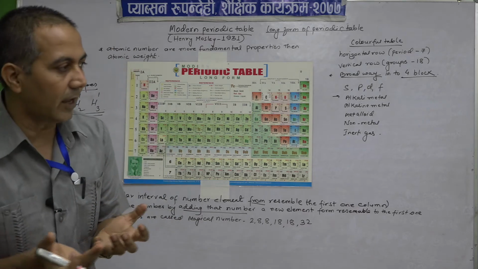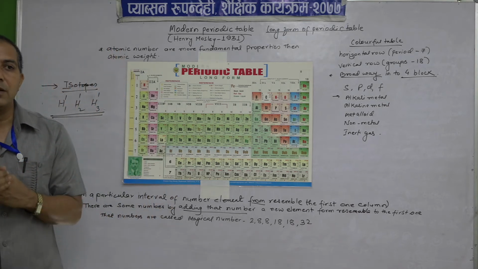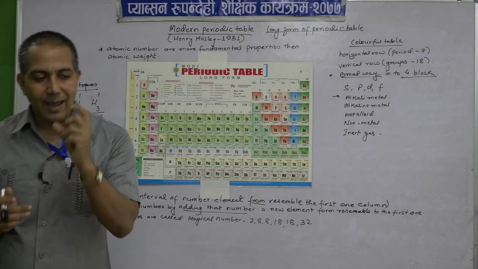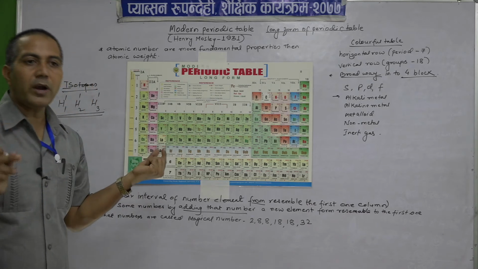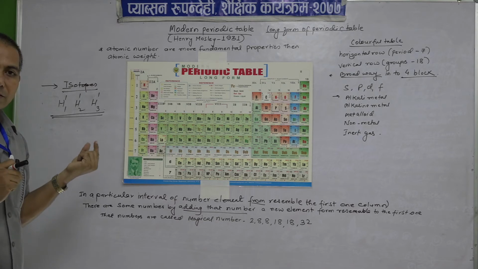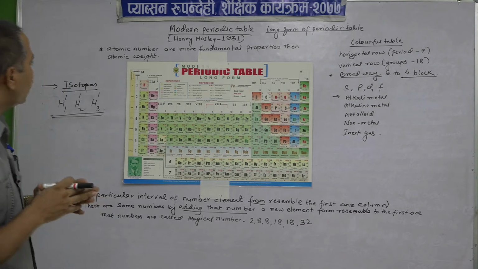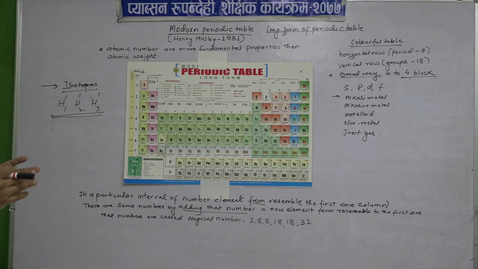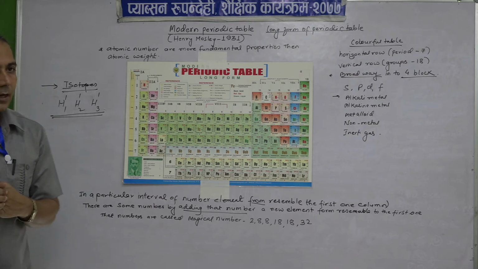So what does it mean that atomic number is more fundamental than atomic mass? It means the chemical and physical properties within a group are more accurate when elements are placed according to atomic number rather than atomic mass. So he stated that the physical and chemical properties of the elements are periodic functions of their atomic number.